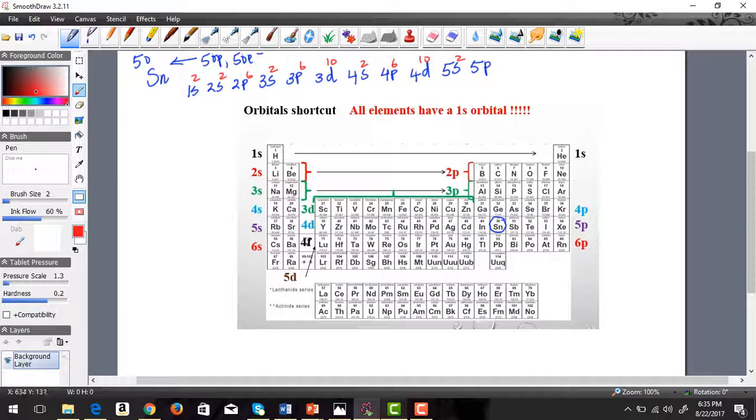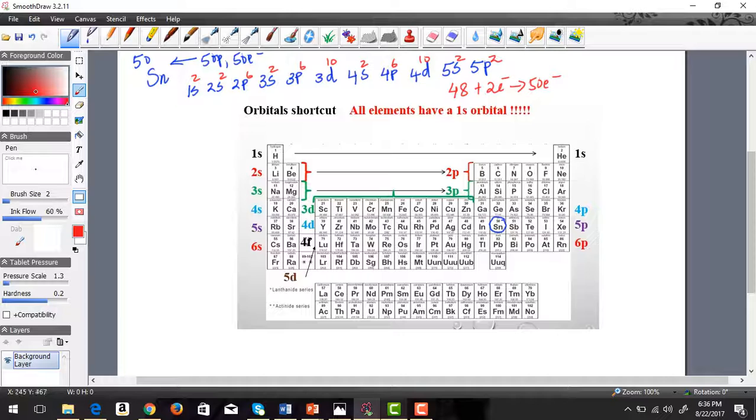If you just add all this, it'll be 10, 20, and then you got 28, 30, 36, and 46, 48, and we need 50, so we will need 2. So 48 plus 2 would give you 50 electrons, right?